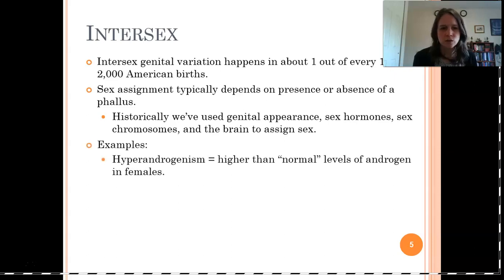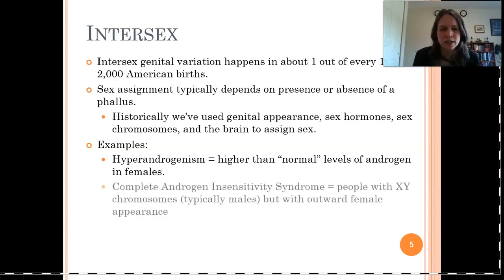So one example of variation is called hyperandrogenism, and this is having higher than so-called normal levels of androgen, one of those hormones, in females. And now we could go on to question, what is a normal level? How is that decided? Who gets to decide that? That's going to be outside of our scope today. But this is one way that intersex variation happens.